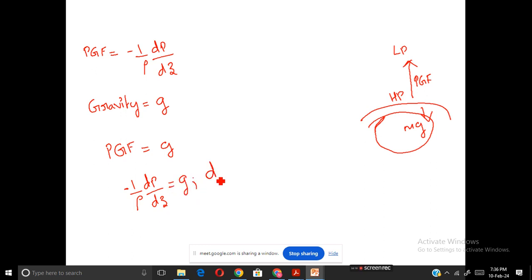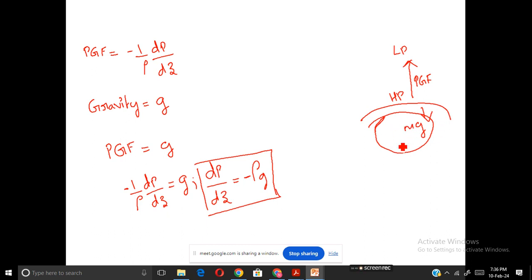If these two forces are equal, then the atmosphere is said to be in hydrostatic equilibrium, and this equation is known as the hydrostatic equation: dp by dz is equal to minus rho g. It shows that the pressure gradient force acting on an air parcel is equal to the downward acting gravitational force.